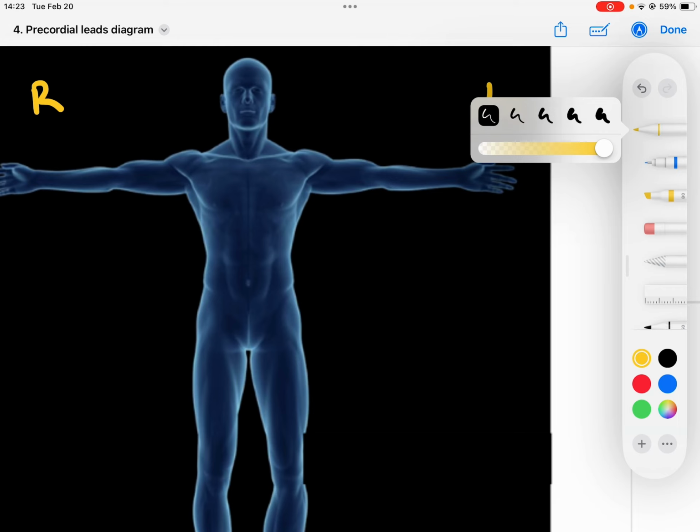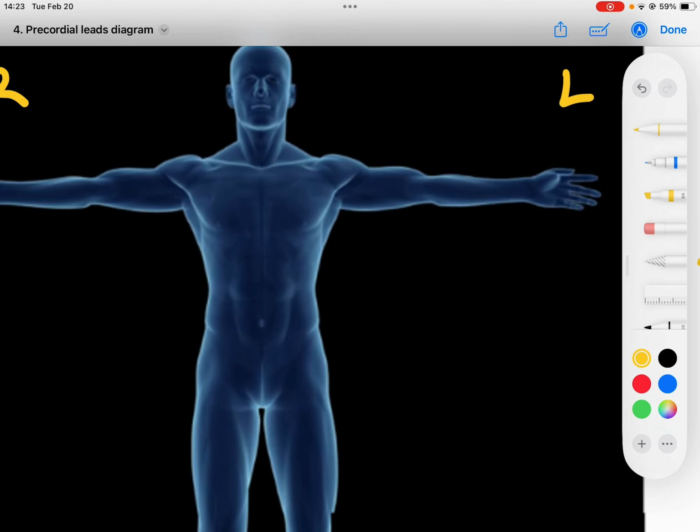What we'll notice is the first lead, V1, that electrode is placed in the 4th intercostal space, meaning between ribs. It's the 4th one down, and it's on the right side of the sternal border. So somewhere about right there is V1.